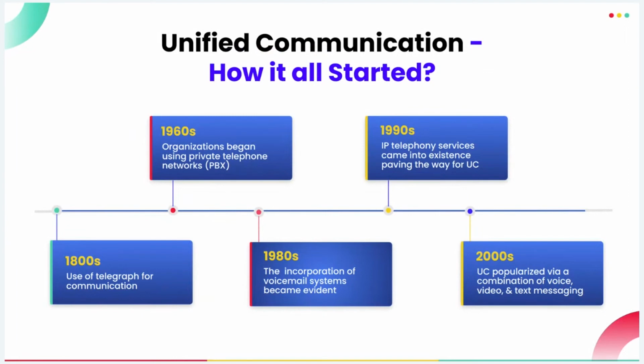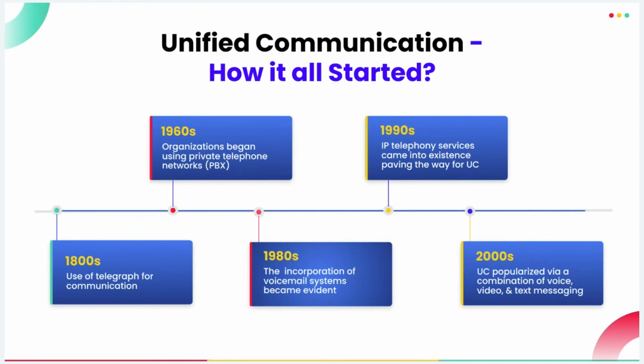By the 1980s, the voicemail system became evident. If people couldn't connect with someone, they dropped a voice message so that the person could respond back. By the 1990s, IP telephony like VoIP calls was introduced, and I think that's the breaking point where unified communication emerged on a much larger scale.